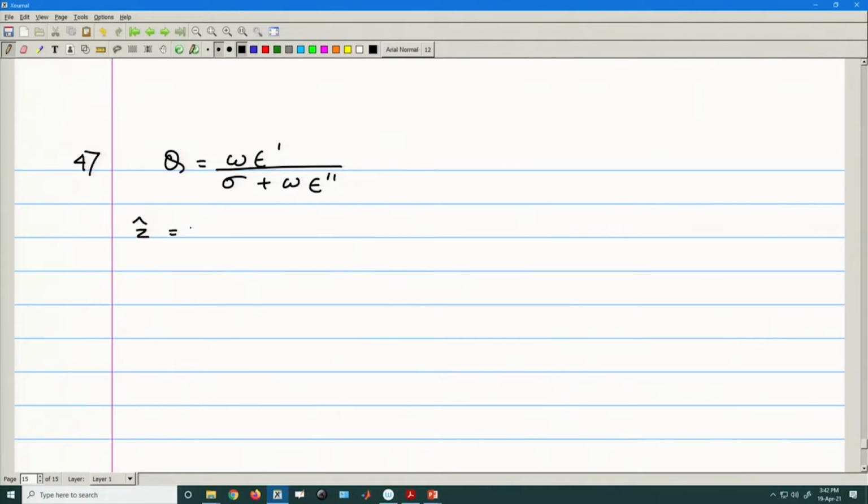So, z cap is given by j omega mu and y cap is given by sigma plus j omega epsilon, that is equal to sigma plus j omega epsilon prime minus j epsilon double prime. Fine. So, first we will start with finding out k.